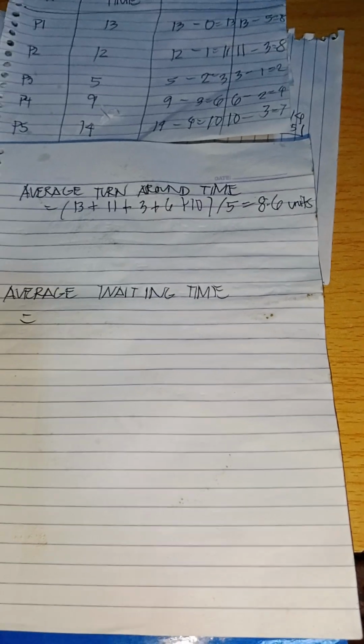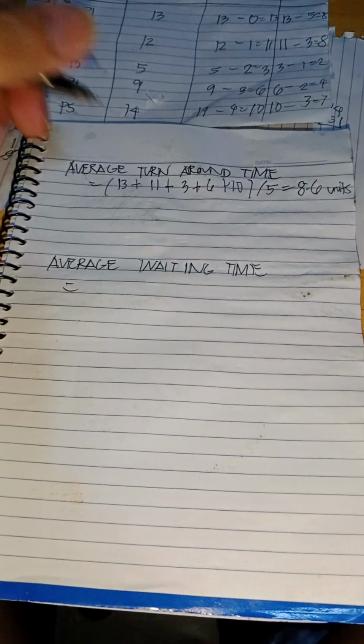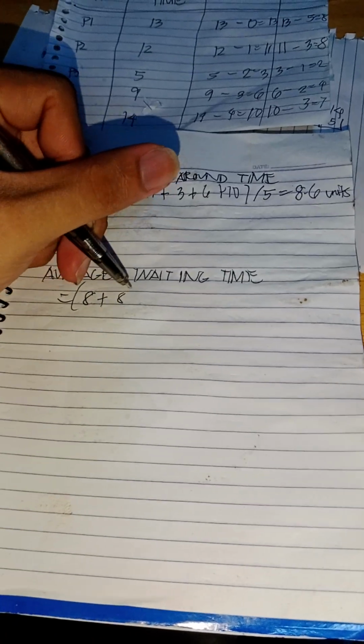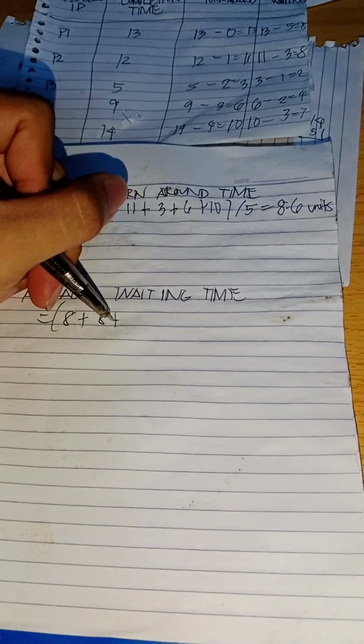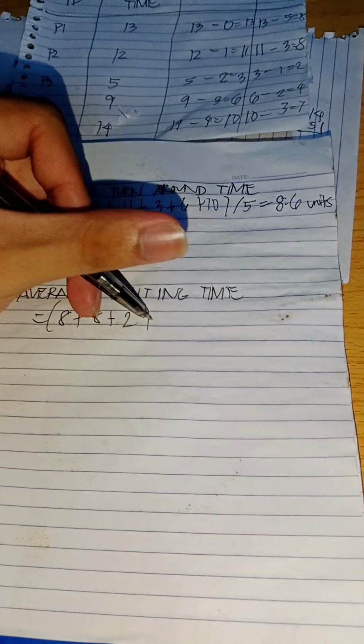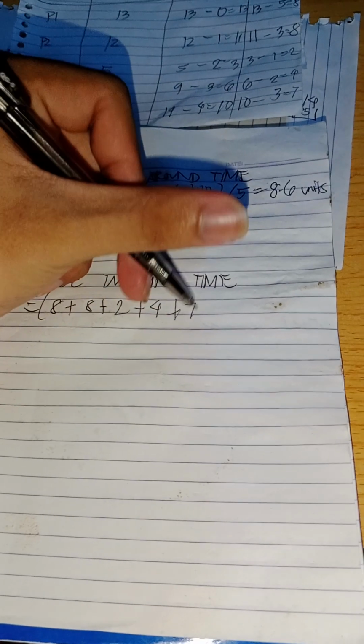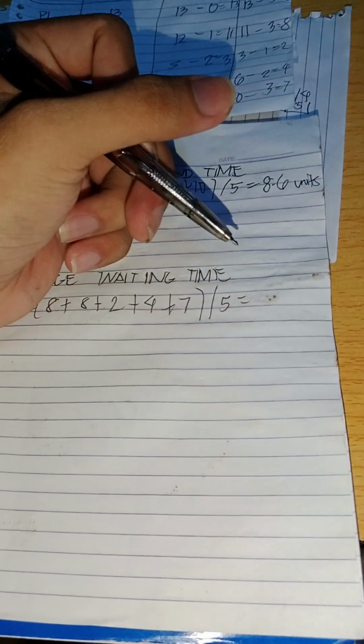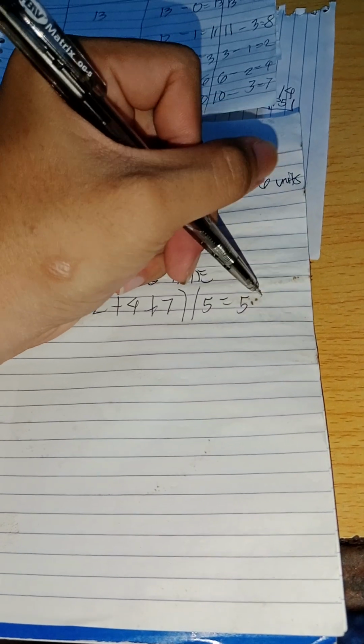Then, the same as with the average turnaround time, we also add the waiting times, which are 8 plus 8 plus 2 plus 4 plus 7, and divide by 5. Then we get 5.8 units.